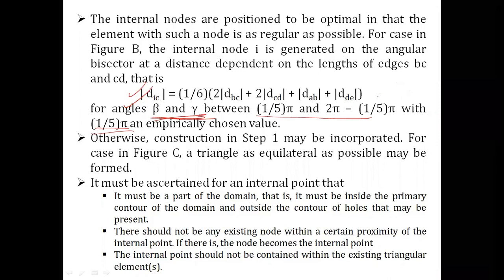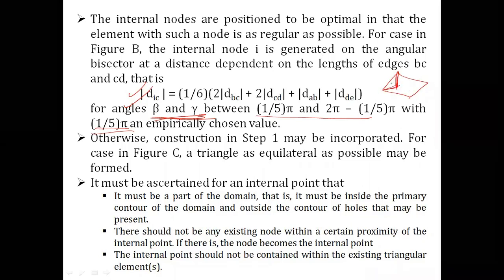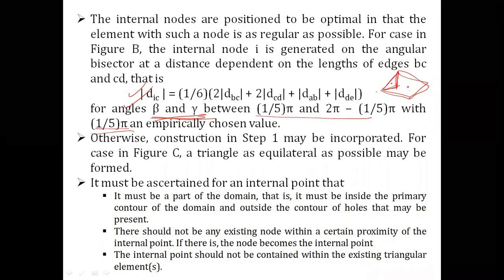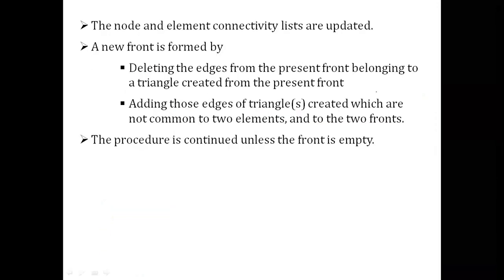And if a triangular element already has been created, like say this is your surface and you have already created a triangular element initially, the new node cannot be inside that triangular element. It has to be outside the triangular element, but within the boundary of the original surface, the original object. So these are the 3 points that you need to remember.